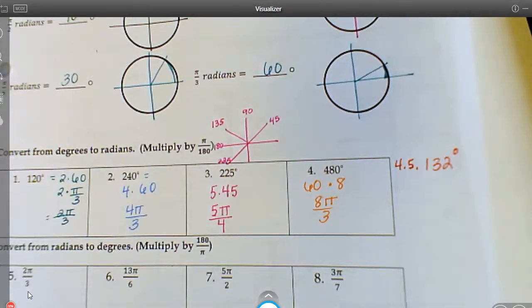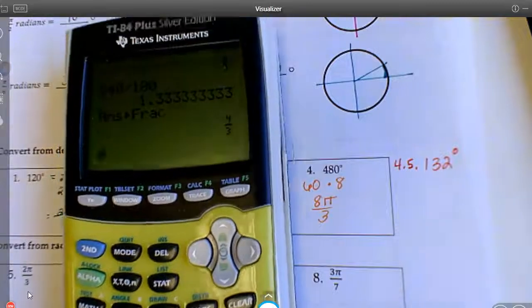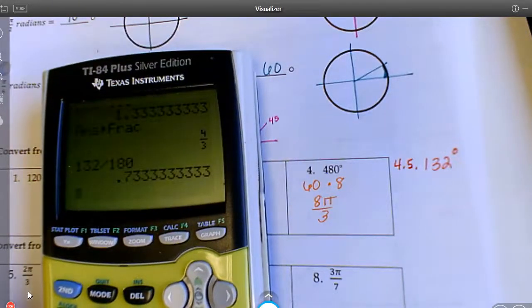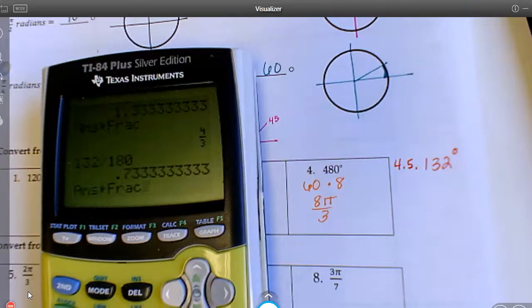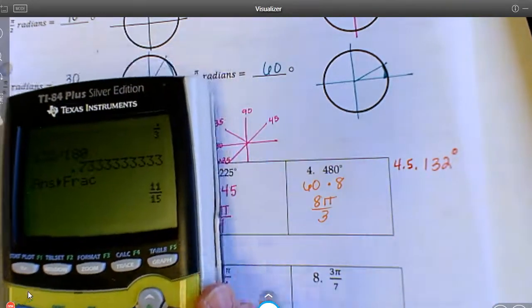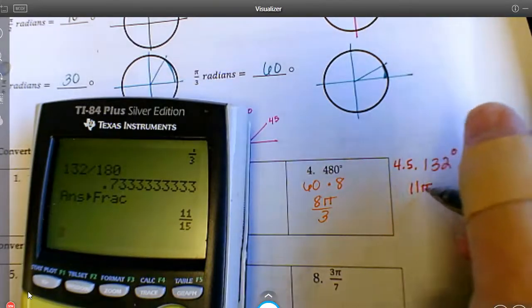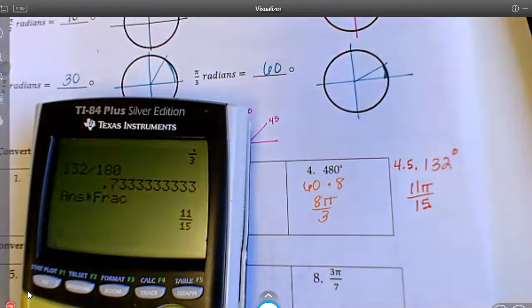So I'm going to do kind of what I just showed you. I'm going to do 132 divided by 180. Change it to a fraction. So I got 11 over 15. And then I'm going to put the pi with it. So 11 pi over 15. Questions about that?